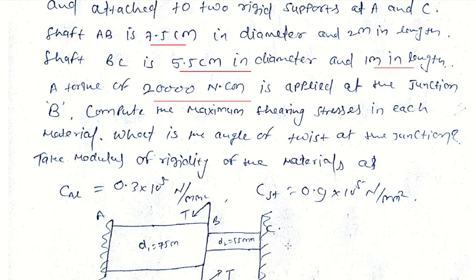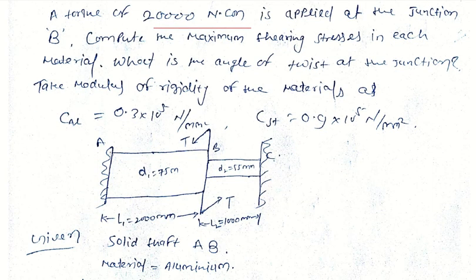Now from the question, here is the diagram. A and C are fixed, and at B both the shafts are fastened together. Here is the diameter of aluminum and here is the diameter of steel, and the torque is applied at the joint. The length of the aluminum shaft is 2000 mm or 2 meter, and for the steel shaft the length is 1 meter.